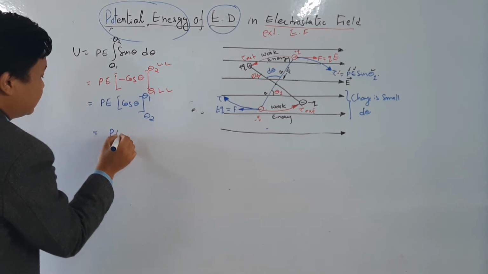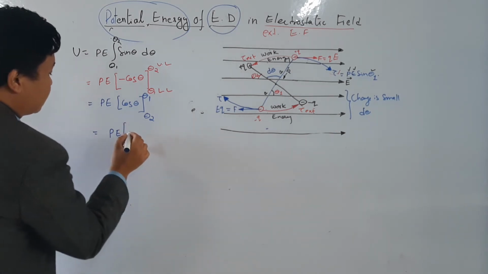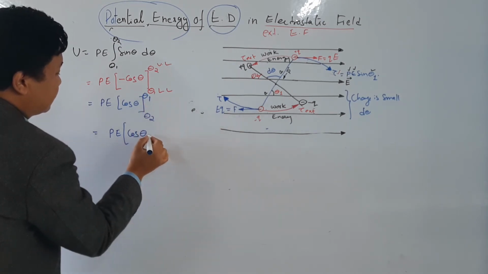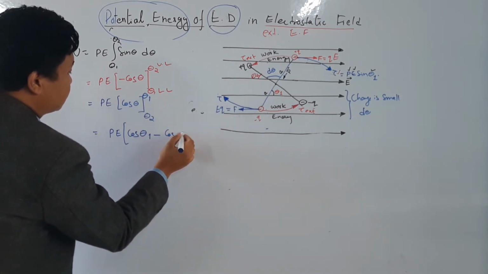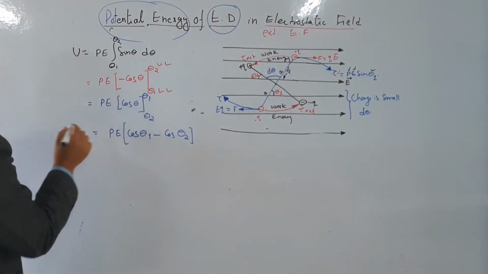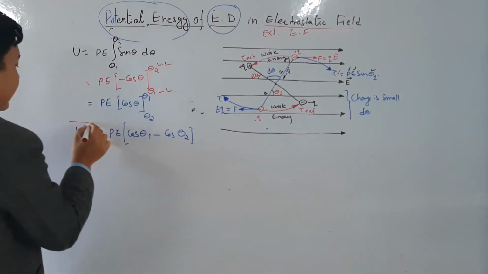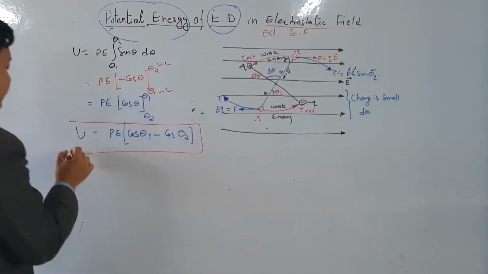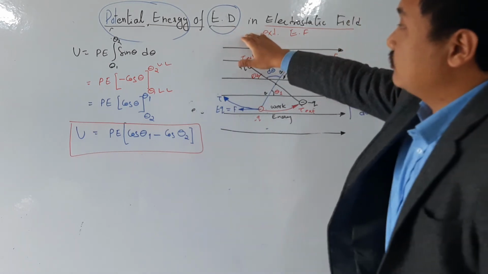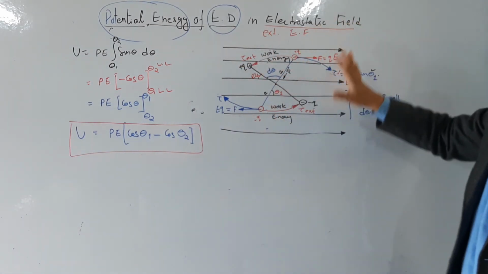Then I will get PE, and cos of the upper limit theta 1 minus cos of theta 2. So this is my potential energy of an electric dipole in an external electrostatic field.